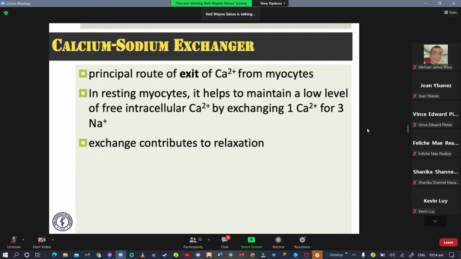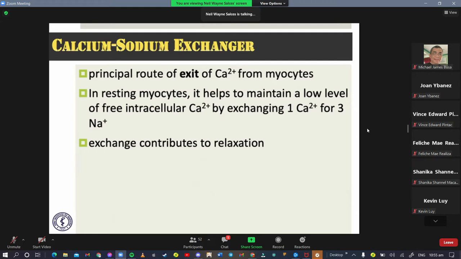The forceful contraction. One example is that of the drug digitalis. Your digitalis or your digoxin is used to treat heart failure. So basically, digitalis inhibits the sarcolemmal sodium potassium ATPase, diminishing the exit of sodium by this route, thus increasing sodium ion.